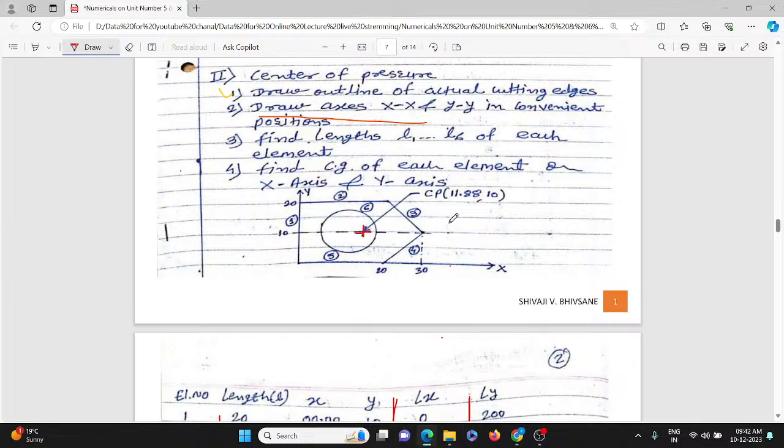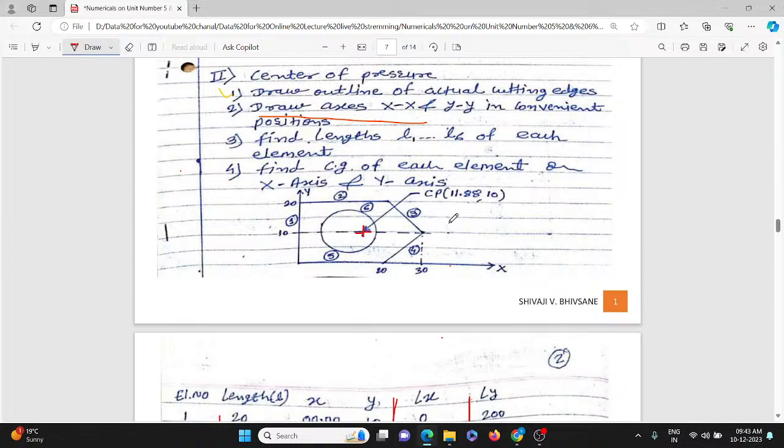So definitely the question will arise, why calculate the center of pressure? I already told you at the beginning, because this particular component is unsymmetrical. So the center of the punch must pass through the center of pressure of this component.